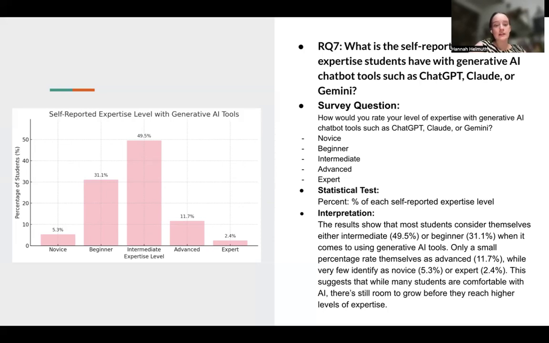I think it's interesting to look at the novice only being 5.3%. Only 5.3% of people say they are really new, and don't even probably use Gen AI at all. But yeah, there's still room to grow for Gen AI use from students, but also we'll get into a little bit later about SWB.